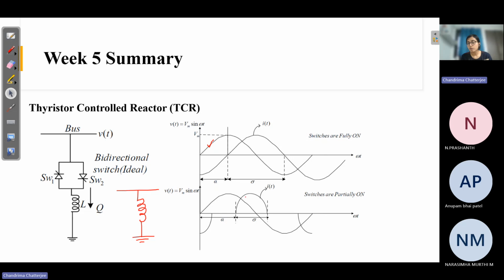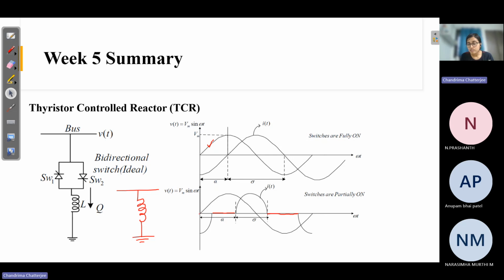They will conduct for a certain period of time, only for this portion, and in these portions the current will not flow. Why? Because the thyristors are off.